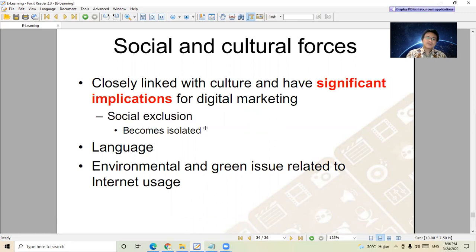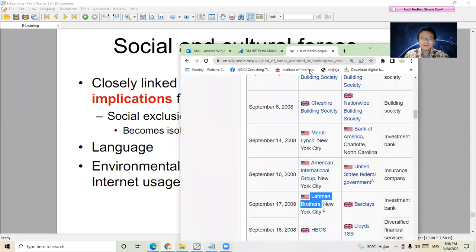For example, now people like to be more isolated, like what happened in Japan. There is a term called hikikomori, or what, I forgot the name.